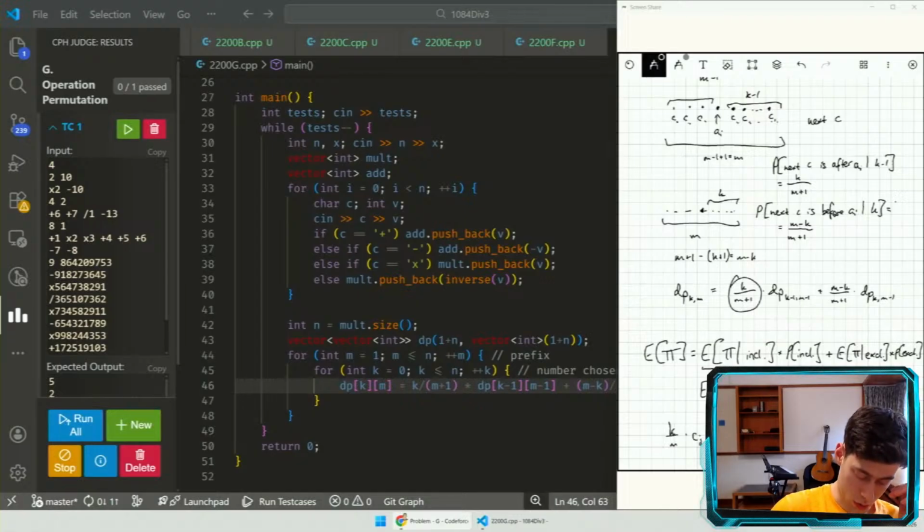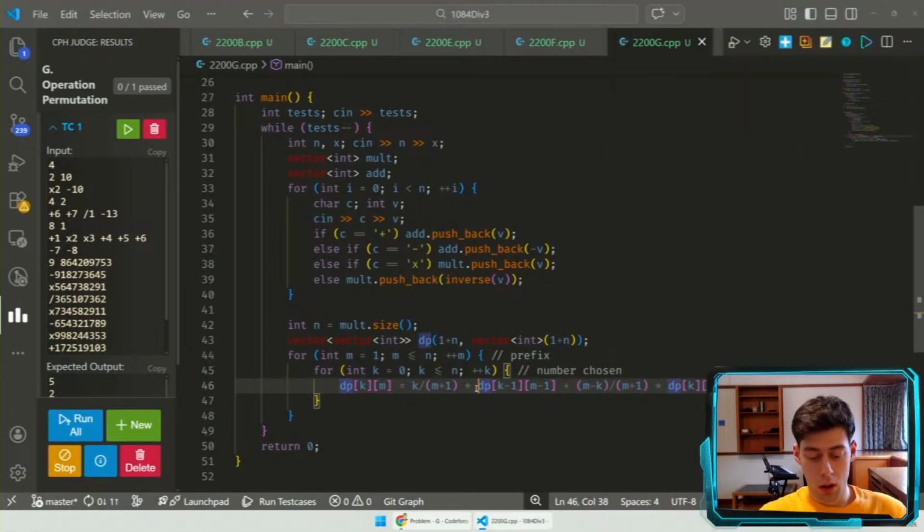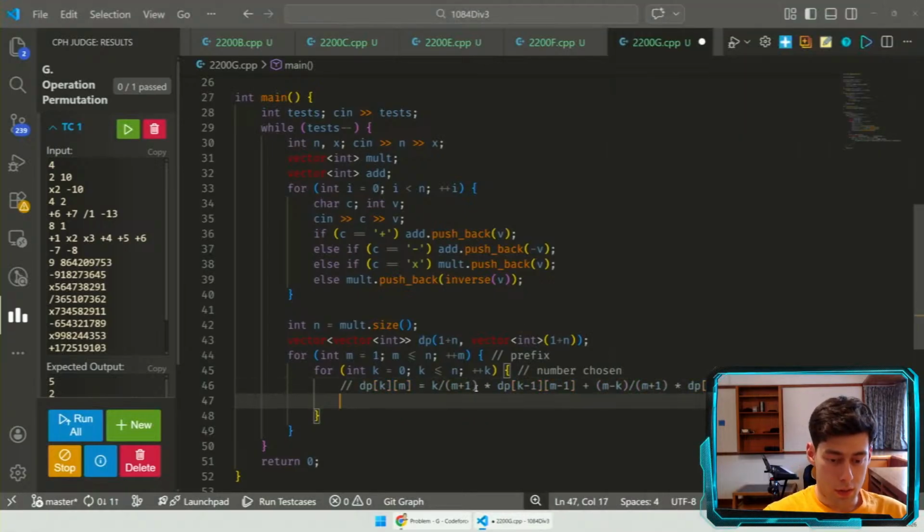So yeah, these were the wrong types of probabilities here. So that's wrong.